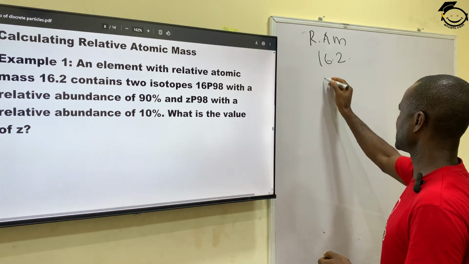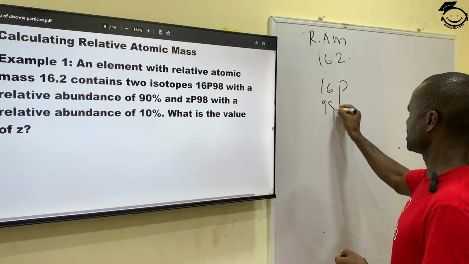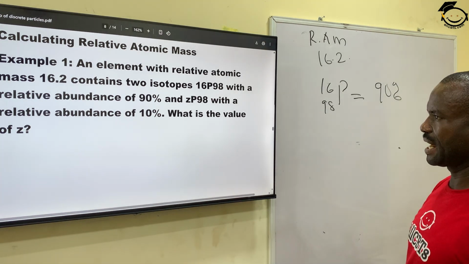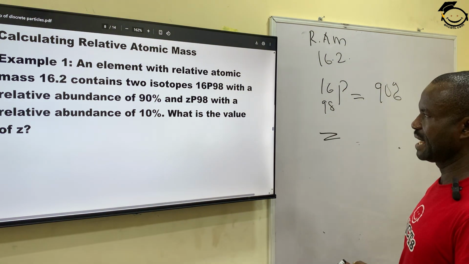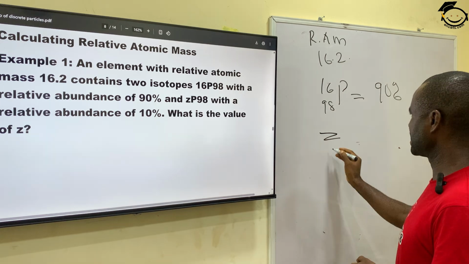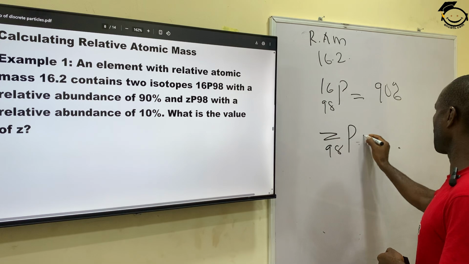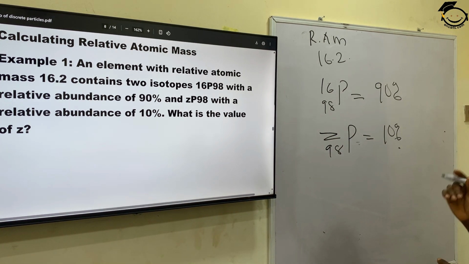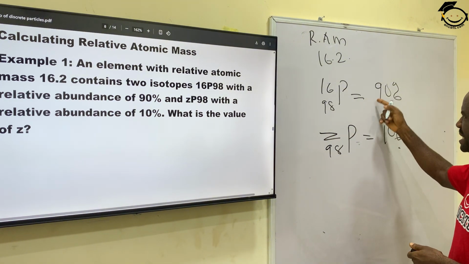The first isotope is 16 P 98 with an abundance of 90% in nature. Then another isotope of the same element has Z as the mass with atomic number 98 and 10% abundance. Now, how do we determine it? We take the average mass of these isotopes.